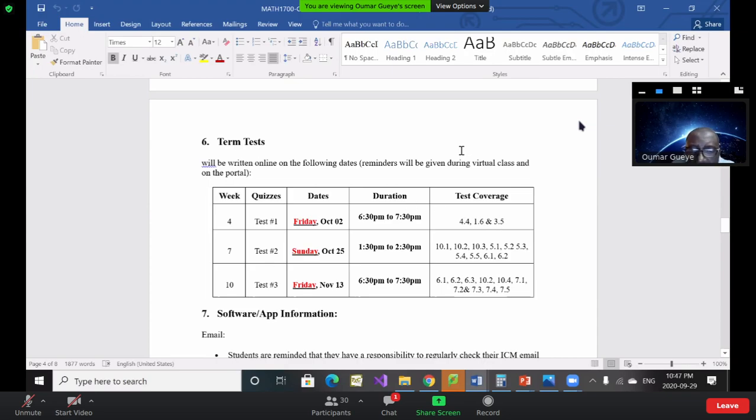It's going to be a little bit similar, but you just have to solve questions related to these sections. Okay, 4.4 is L'Hopital's rule. 1.6 for the inverse trig functions, and that's it. And 3.5. Okay, thank you.